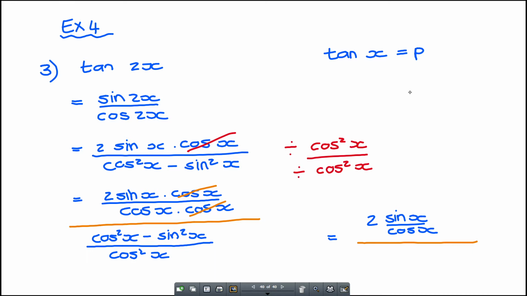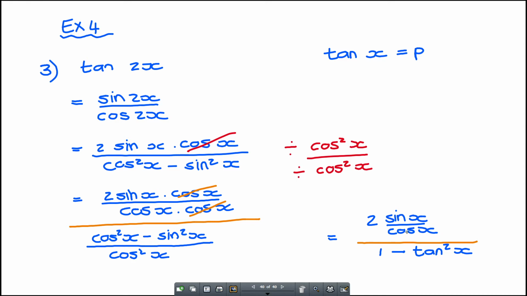Okay, so at the bottom I will have 1 minus, and I'll have a look, sin squared x over cos squared x will give me tan squared x. Nou, is julle reg met dit? Okay, now die sin x of cos x at the top is also tan x.